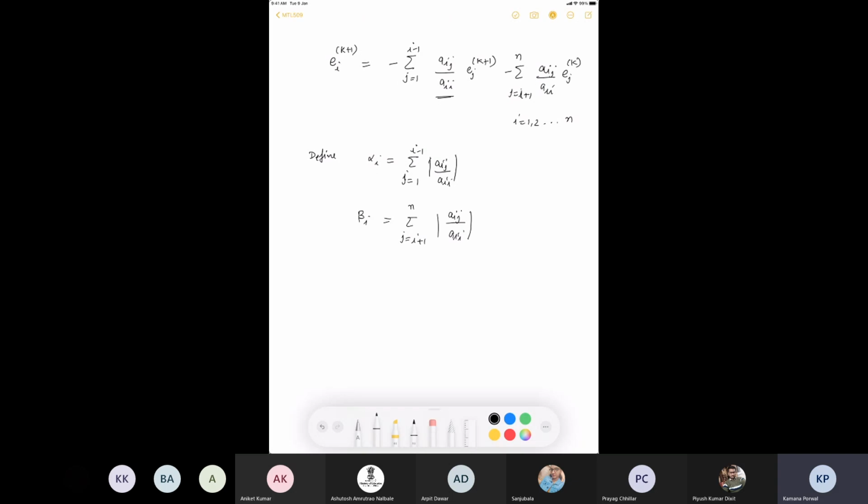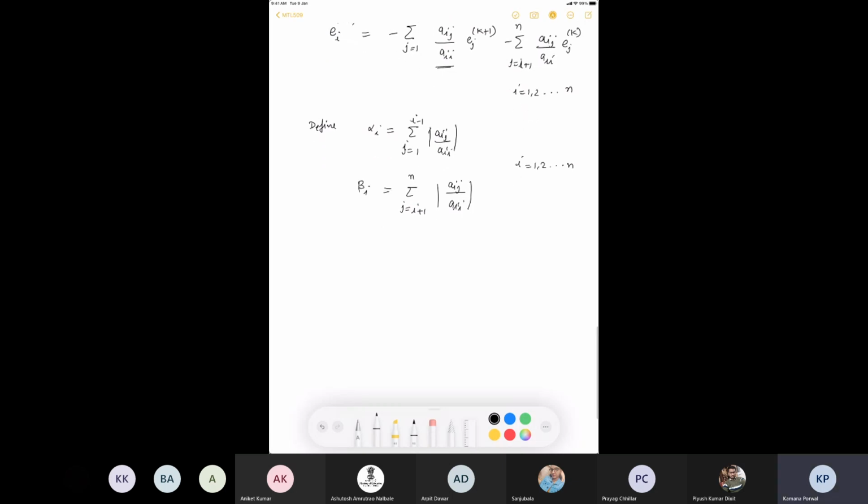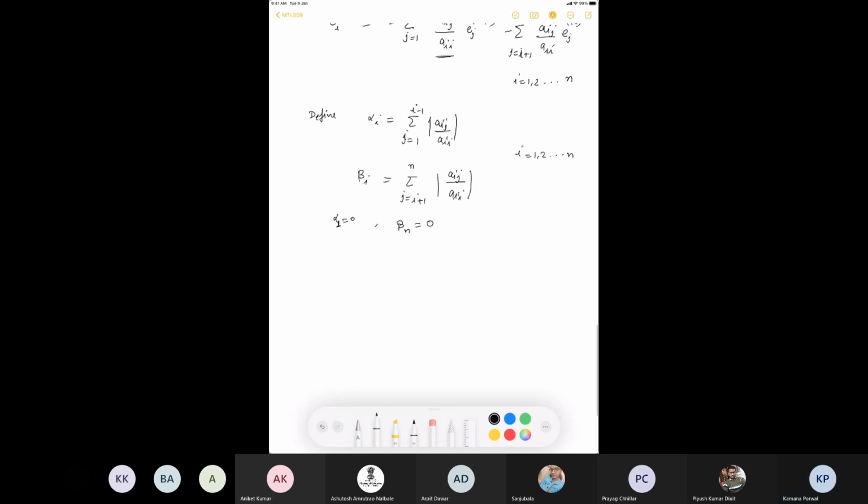So it still depends on i. So this is for each i equal to 1 up to n. But if we take i is equal to 1, this is simply 0. So alpha 1 is simply 0. And likewise, beta n is 0, because beta n is not defined by this, right? So I'm simply setting beta n to be 0.